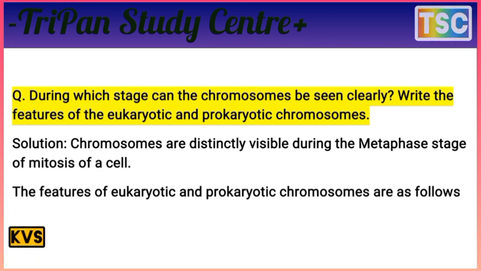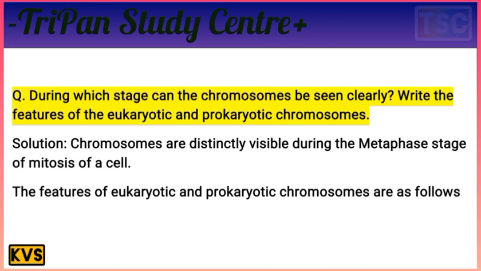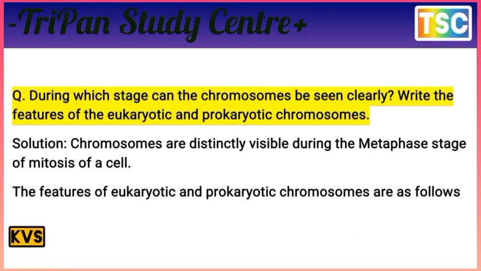You know that's important. A question for the exam view here. Chromosomes can be seen clearly, and some features of eukaryotic and prokaryotic chromosomes. First of all, chromosomes are distinctly visible during the metaphase stage.